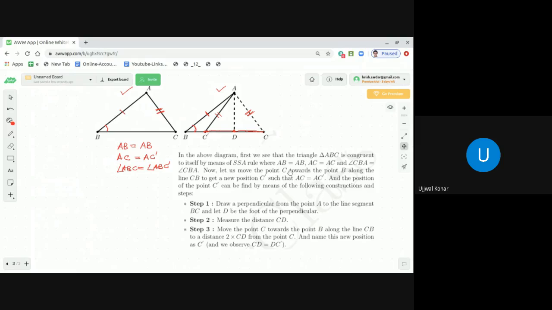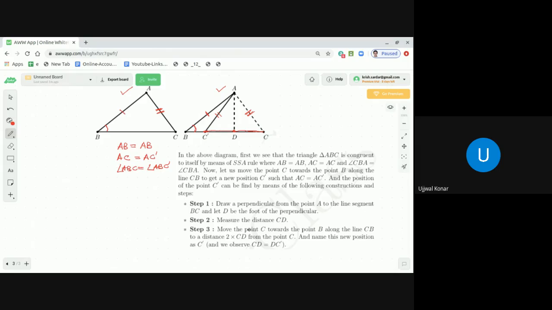Now let us move the point C towards the point B along the line CB to get a new point C dash such that AC is equal to AC dash. And the position of the point C dash can be found by means of the following construction steps. Step 1, draw a perpendicular from the point A to the line segment BC and let D be the foot of the perpendicular.